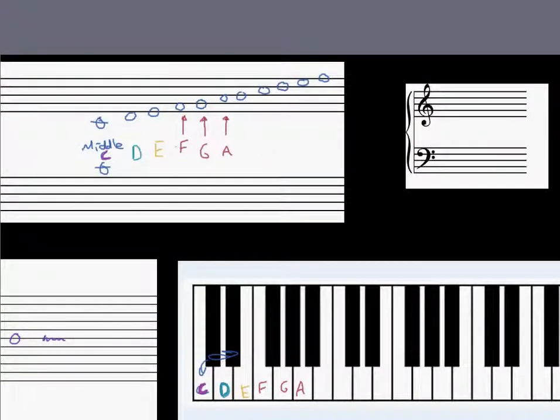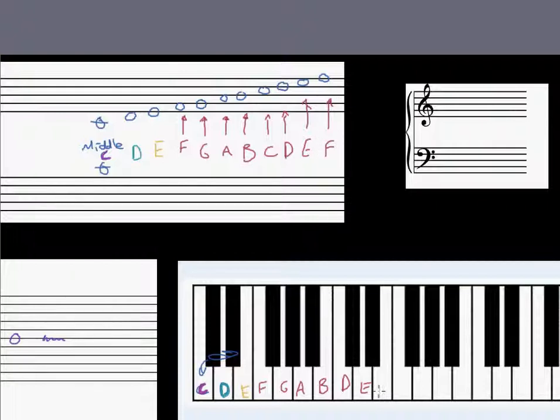Now C, D, E, F, G, A, this note is going to be, logically, B. And this note right here is B. Now let's just keep going. C, D. I'm trying to line these up here. This note here is going to be E, and this note here is going to be F.